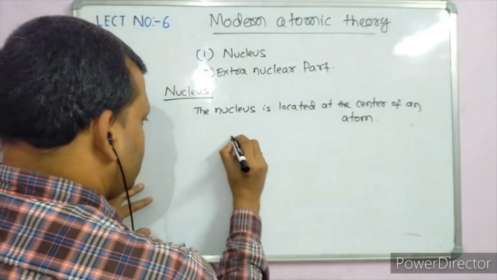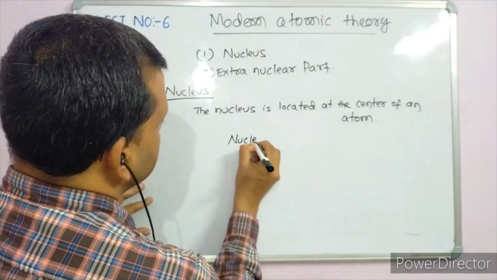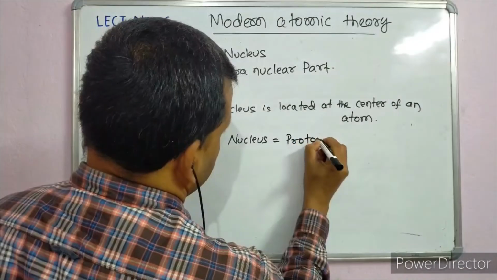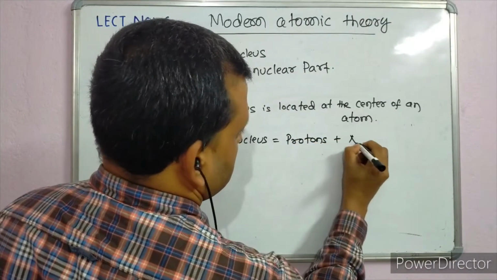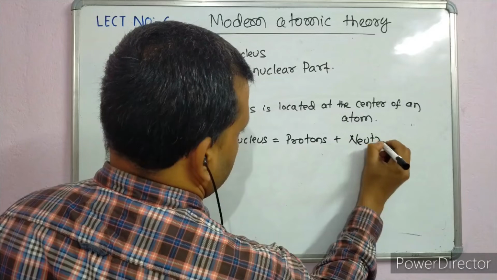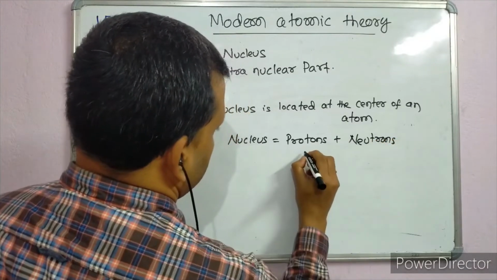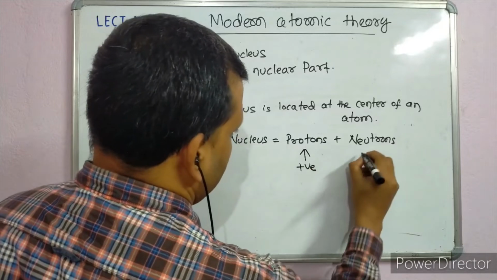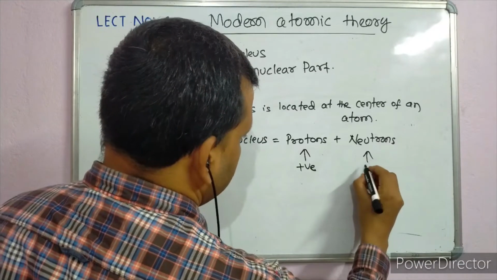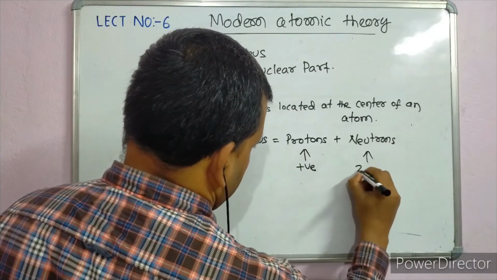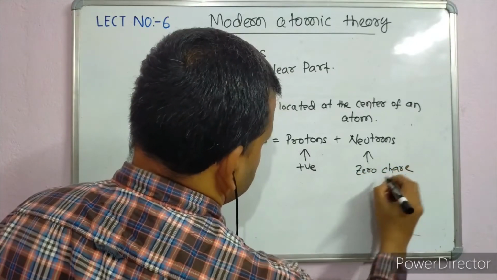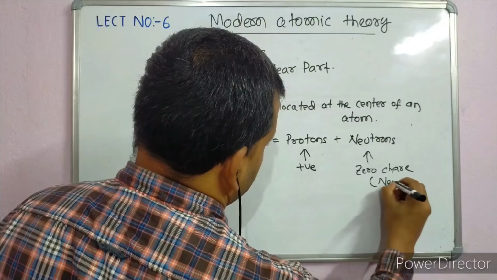So we can say that the nucleus has protons which are positive and neutrons which are zero charge, that means neutral.